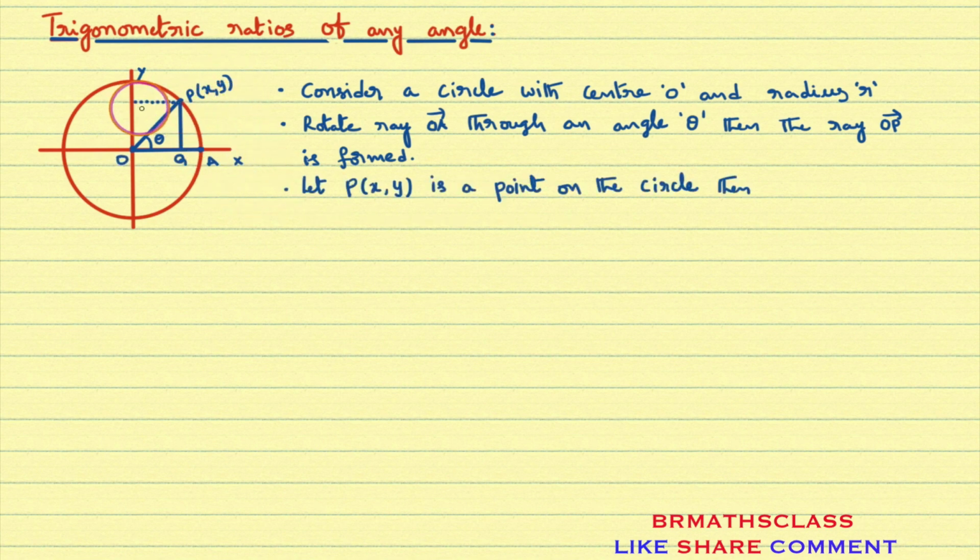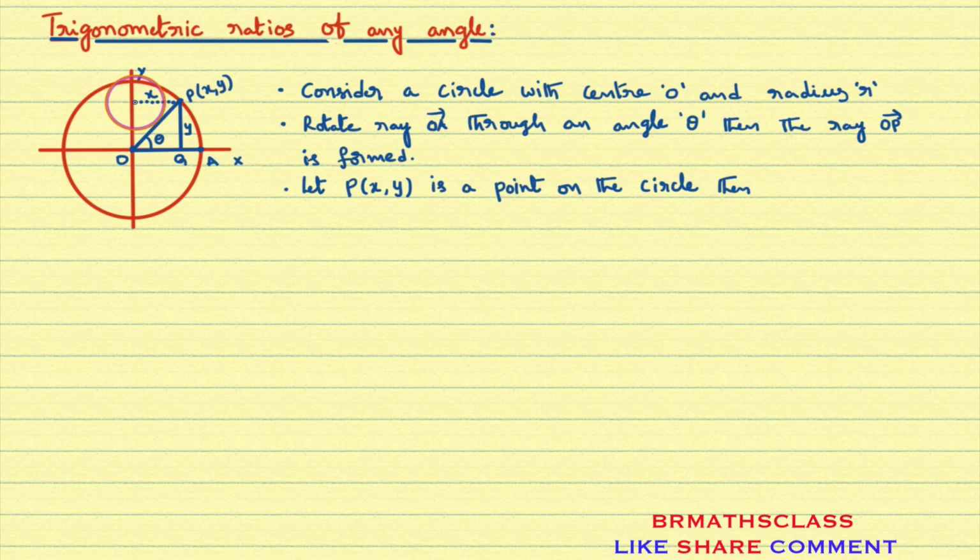Then observe what this length is. Here this is point P. We know that this length is x, and this length is y. We know all these things from the coordinate system. If P is the point (x, y), then this length is x and this length is y.